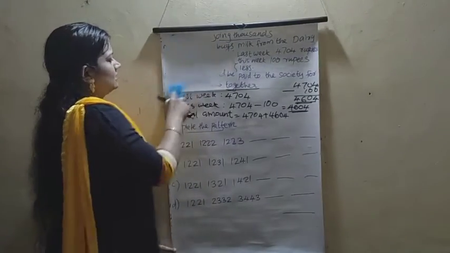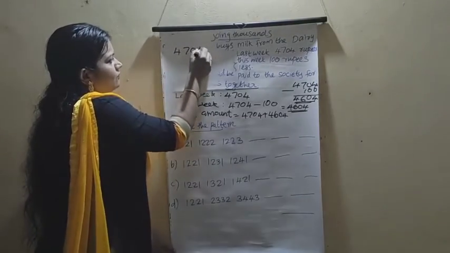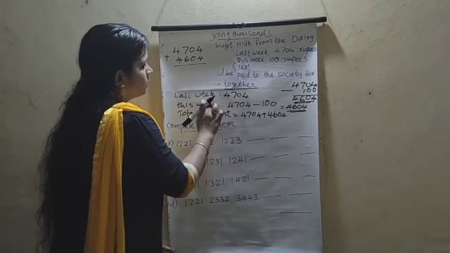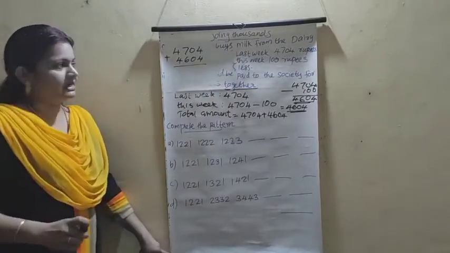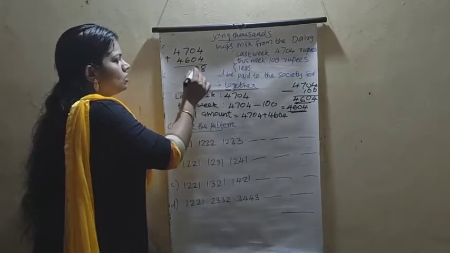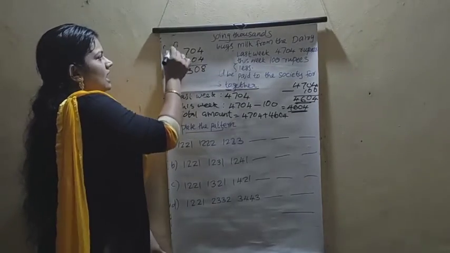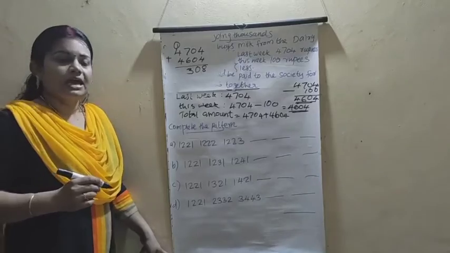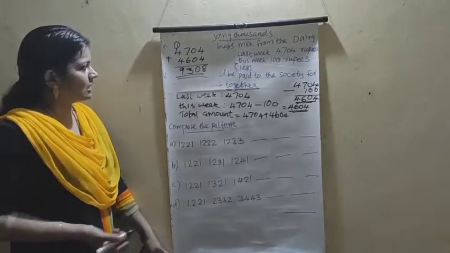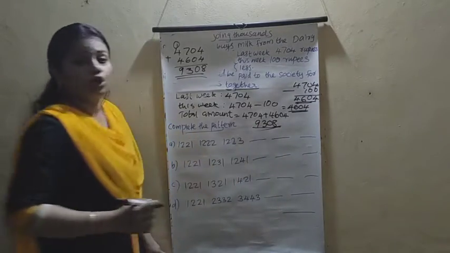The word together is given, so you do the addition. 4 plus 4, 8. 0 plus 0, 0. 7 plus 6, what is the answer? 13. 1 is the carryover. 4 plus 4, 8, plus 1, 9. Then for the last 2 weeks, what is the total amount? 9,308.